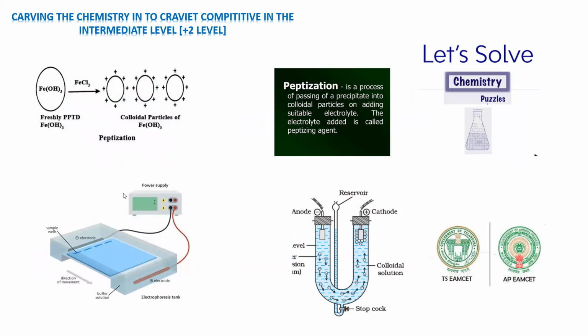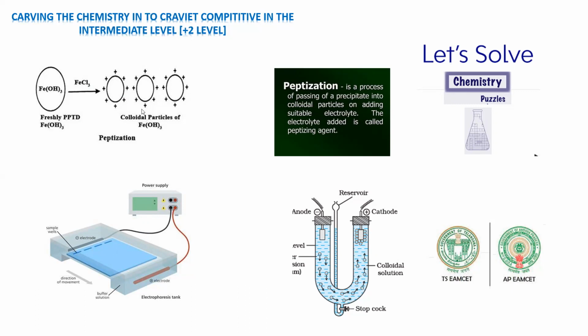Another property is called peptization. Peptization is the reverse of colloid formation, where a precipitate is converted into colloidal particles. Initially the particle size is very large, which is the precipitate with the largest diameter. By means of chemical treatment, the particles get converted into colloidal sized particles.